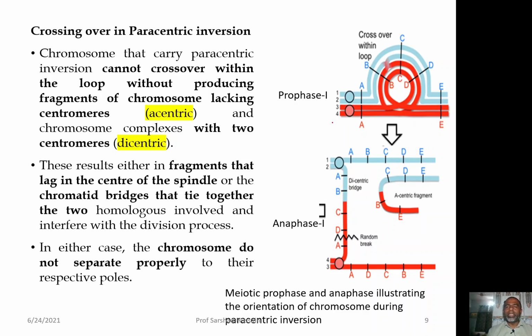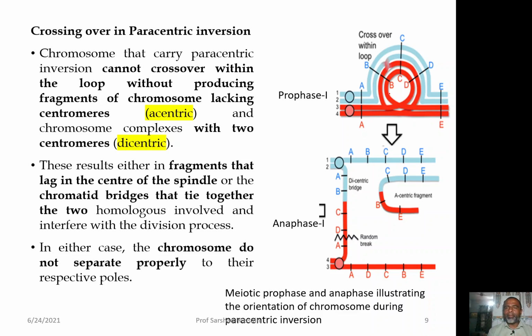What happens basically, if you look at it, once the pairing takes place in the prophase? Say for example, this is the chromosome having the normal sequence of genes, and this red one has the inverted part.